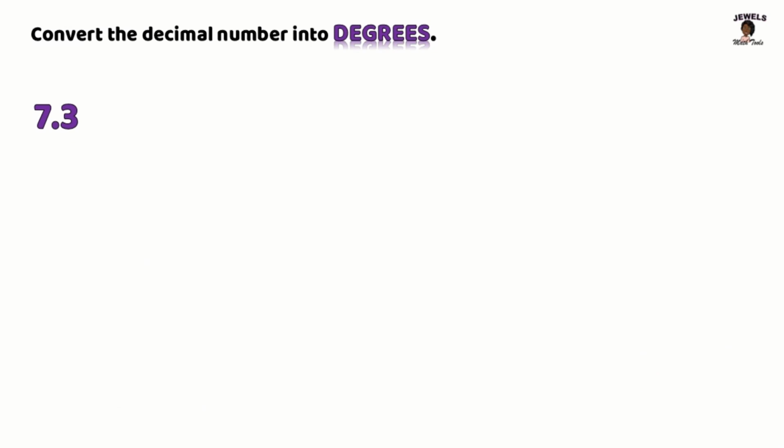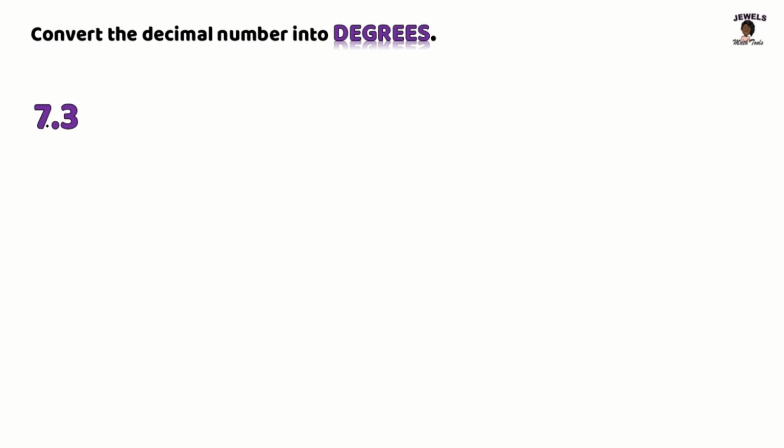In our last video on converting decimal numbers in the tens place into degrees, we converted our number into degrees by simply multiplying our 7.3 times our 360 degrees. But today we're going to look at this number a little differently.